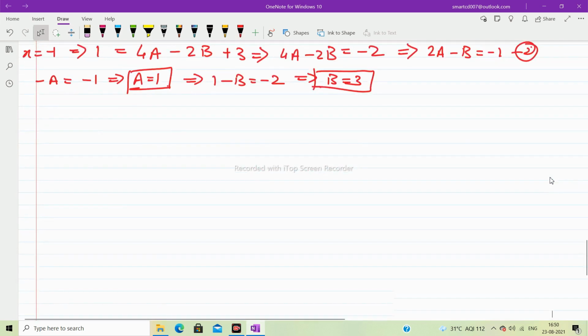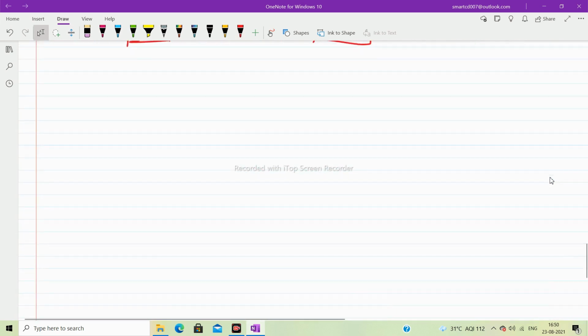Let's try one more question. So let's say till now, whatever questions we have got are questions in which the degree of numerator is less than denominator. But let's say we have one question, let's say this one.